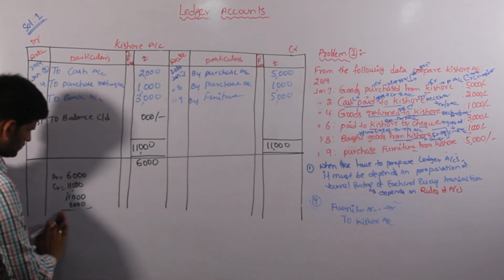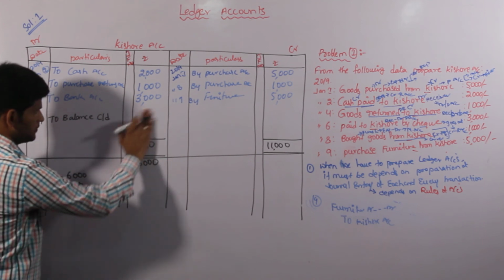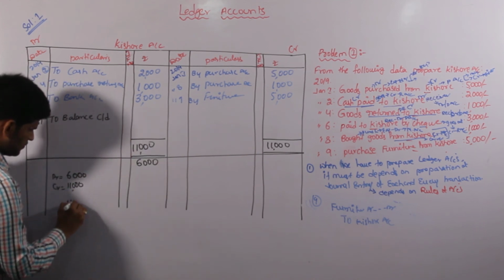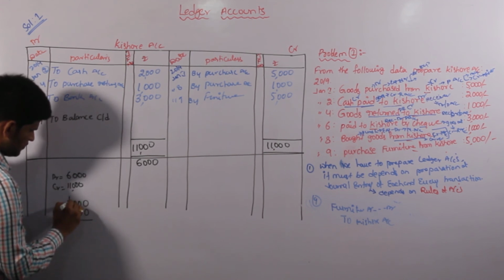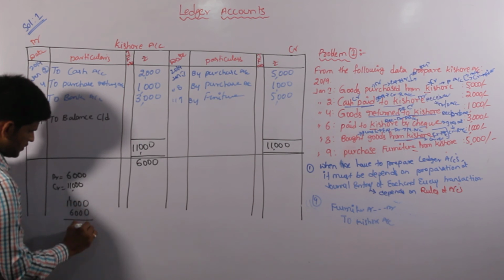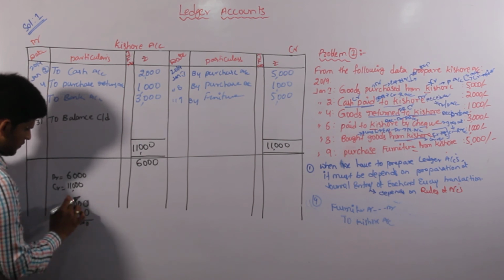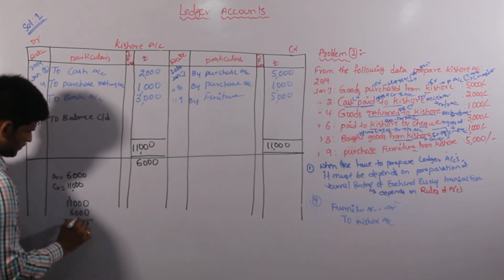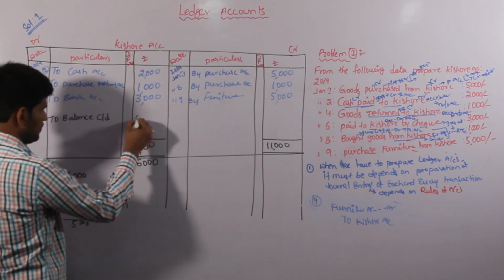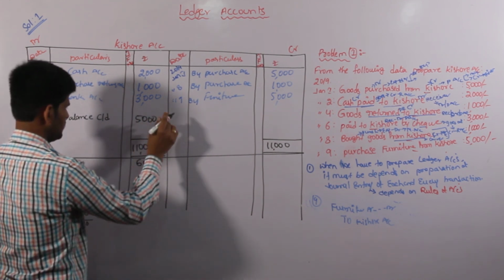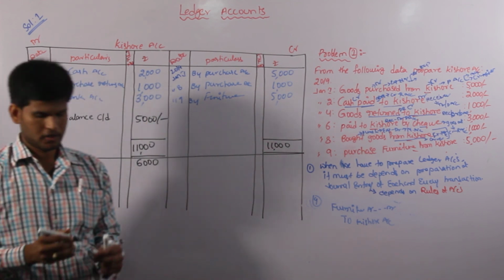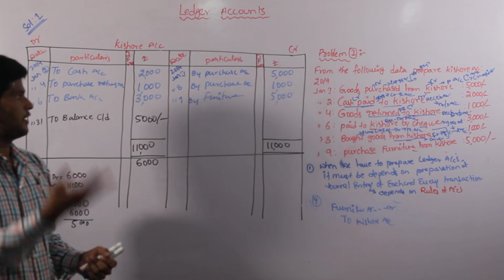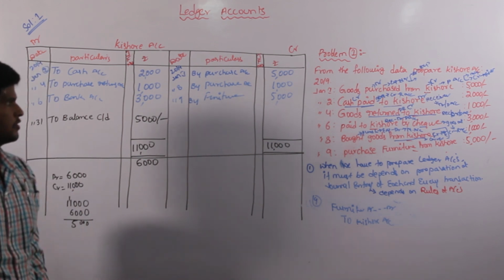Sorry, mistake. Zero, zero, zero. Here 1 minus 1 is 0. So the value is 5000. This is the procedure for the preparation of the ledger record, and in our next problem we are going to solve some of the logical transactions.